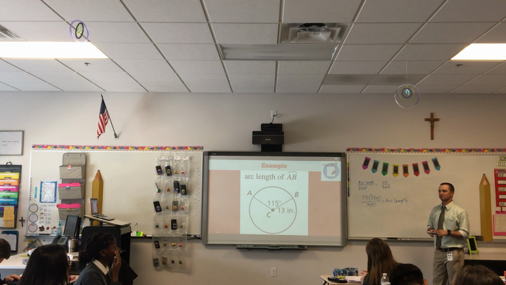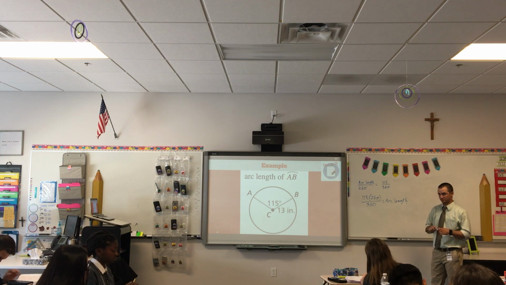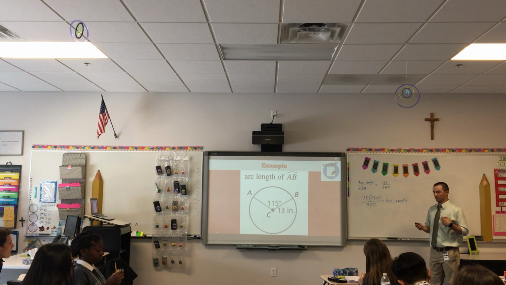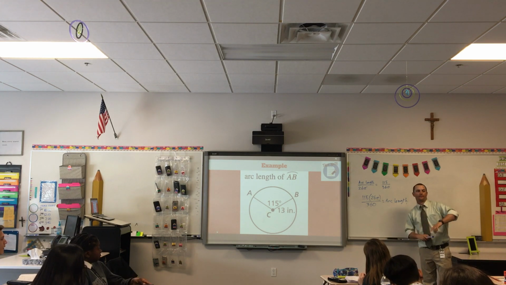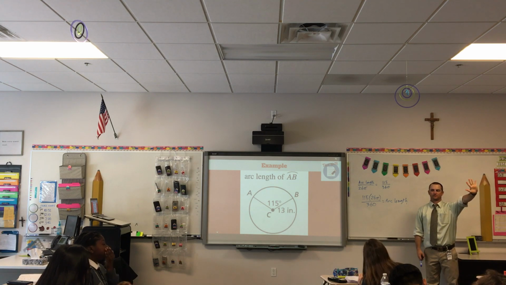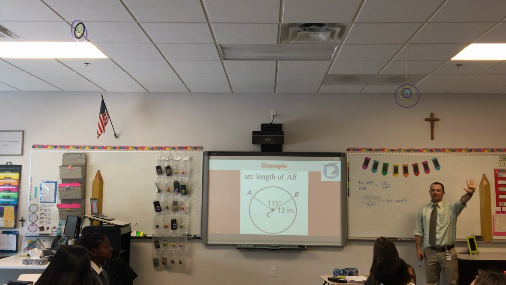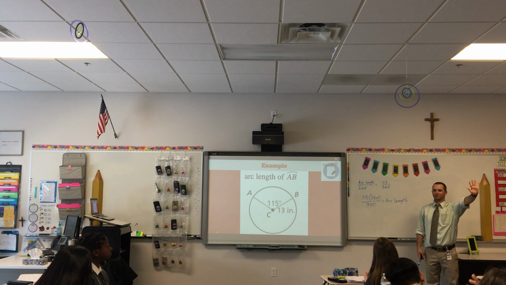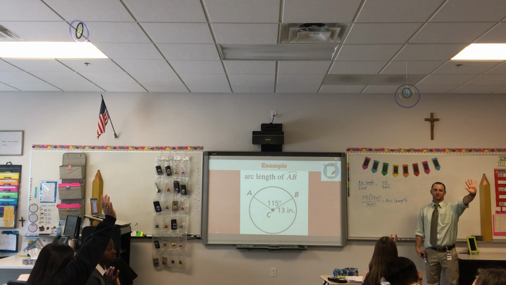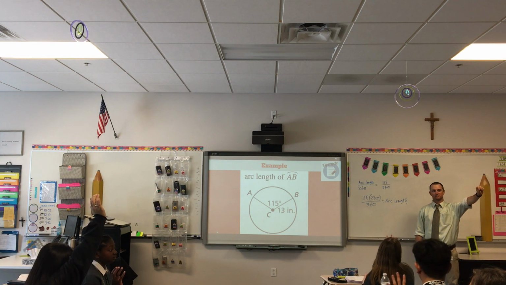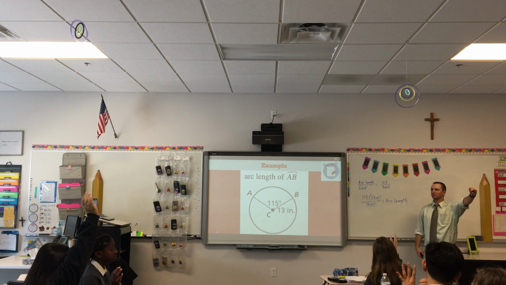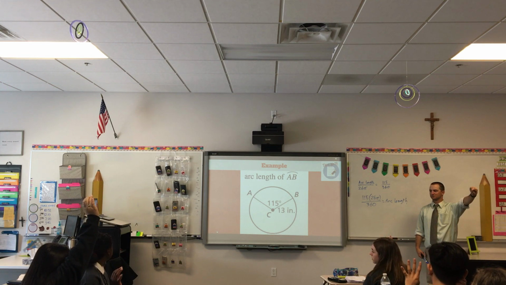Then we just multiply everything. Alright, 0 to 5: how comfortable do we feel with arc length, arc measure, radians, area, circumference? Give me your number first.